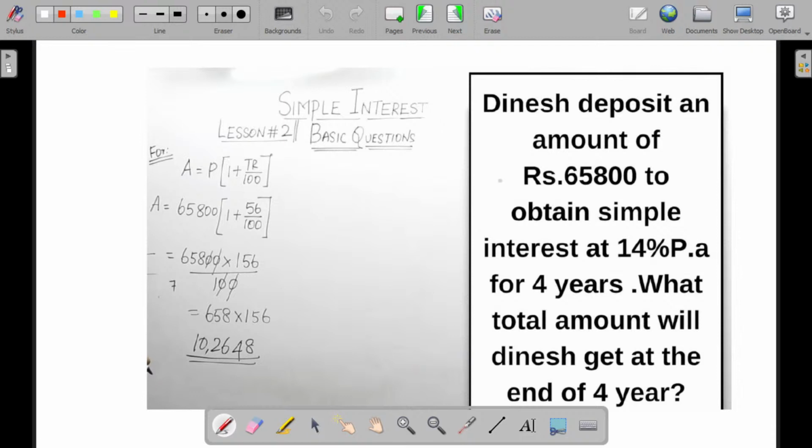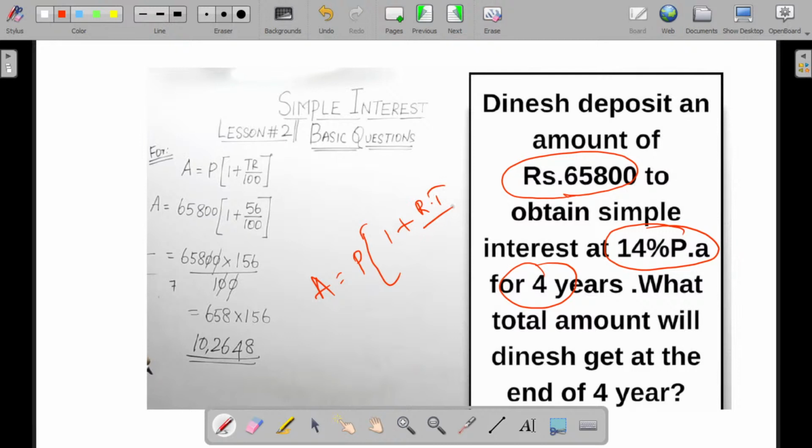So next, one more simple problem. So here Dinesh deposits an amount of 65,800, that is the principal amount. Obtain a simple interest 14% per annum for 4 years. What will be the total amount? Total amount, you know the formula, A is equal to P into 1 plus R into T by 100.